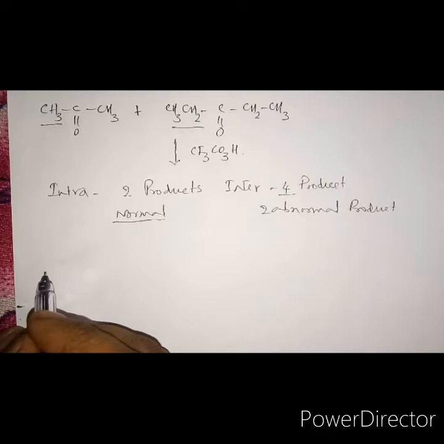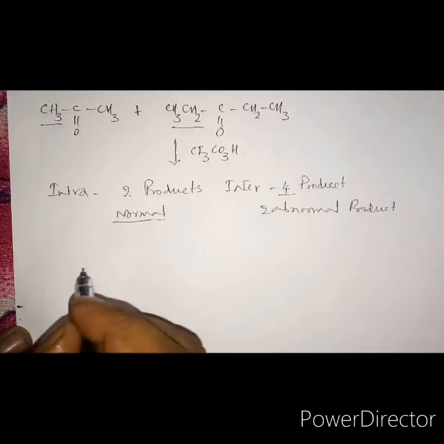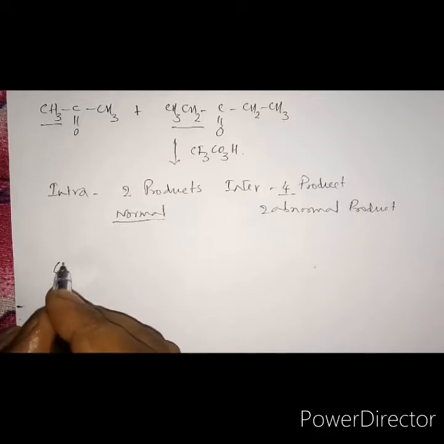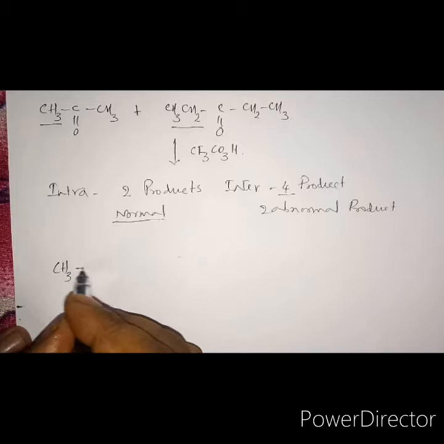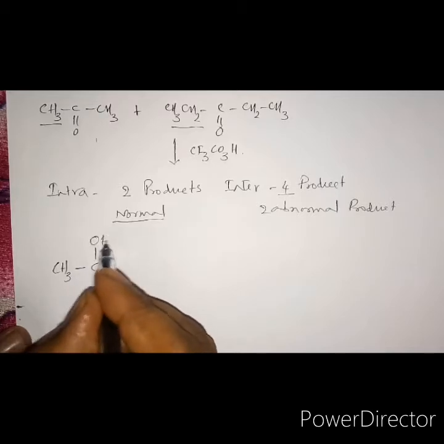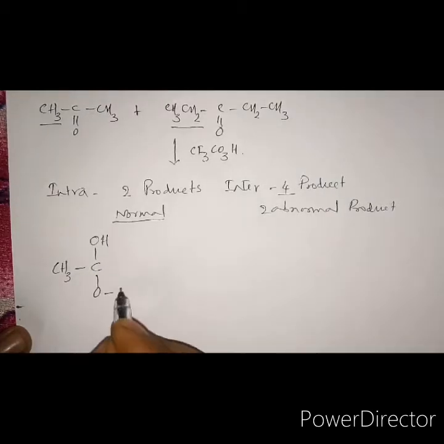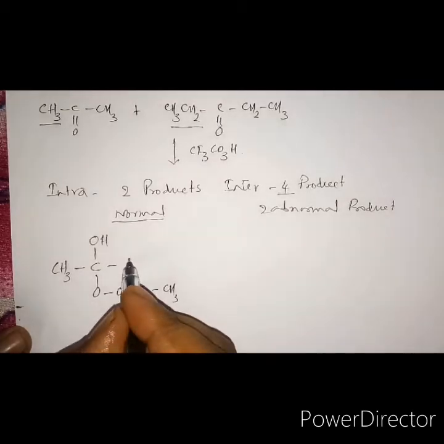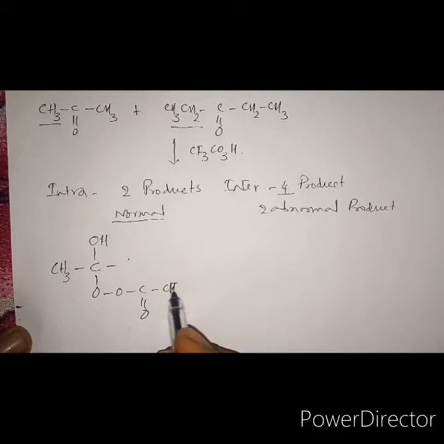So the rearrangement actually proceeds via the formation of an intermediate. This intermediate you will get CH3, COH, OOCO, CH3. Here we have CF3.